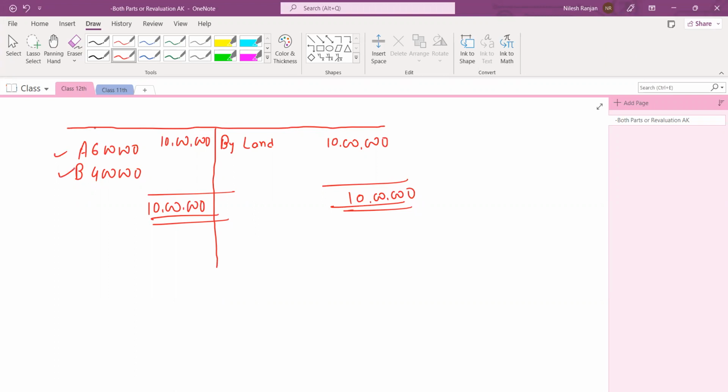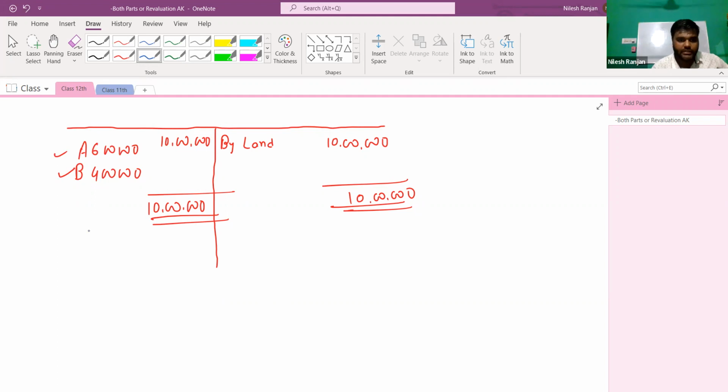Okay. Now, in the second part, land will come here because it's just opposite. That's why land will be here, and it will be total like this.